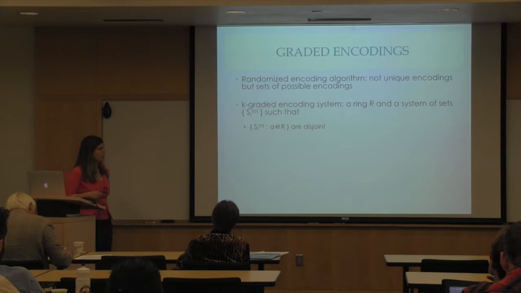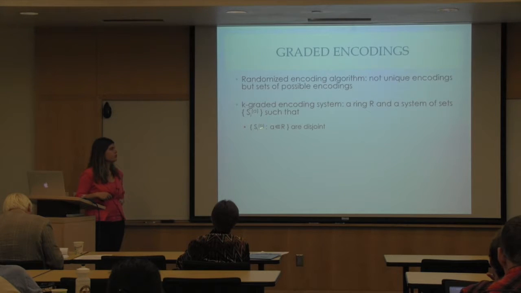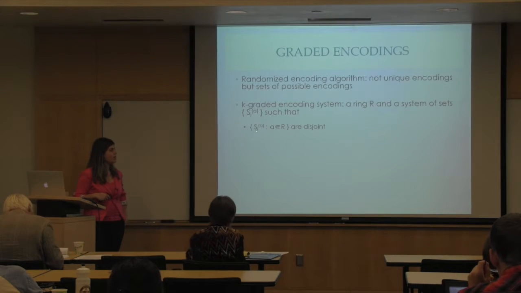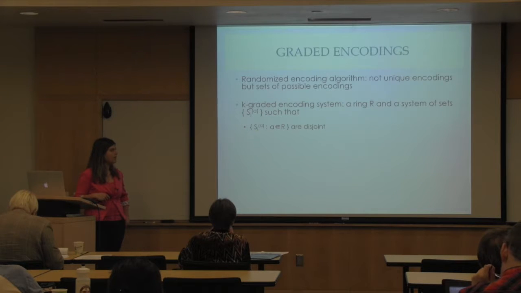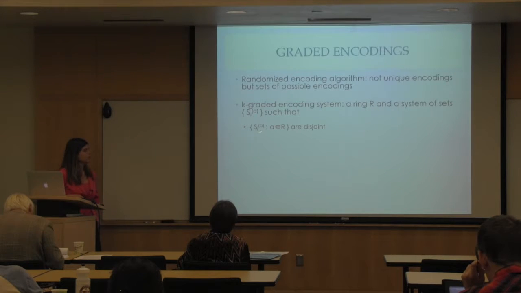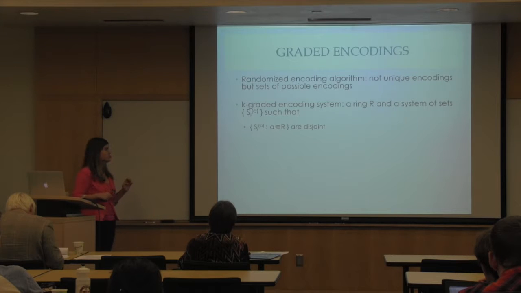The first requirement is that if we look at all the sets that describe encoding sets at some level i, they are disjoint. It means that each element a in the ring determines the set of its encodings at level i, which are disjoint. They don't have a common encoding. So this is what an encoding at different levels of elements will be.